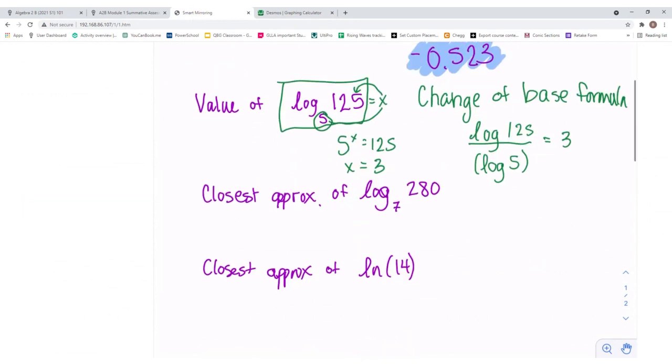So you can think of the physically bigger written number as what stays on the top, and the one that's in the bottom stays on the bottom. Log base 7 of 280, so log of 280 over log of 7.